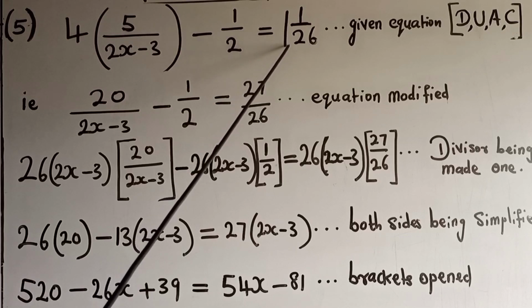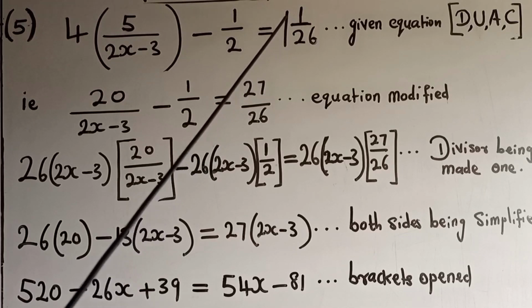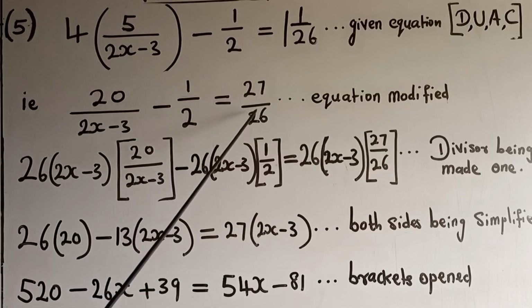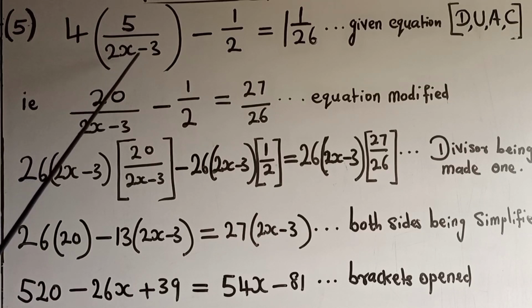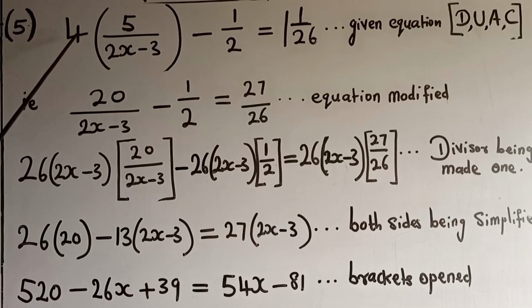That means it is separate. To combine it with this one, we must convert it to this improper fraction, which is 27 over 26 here.